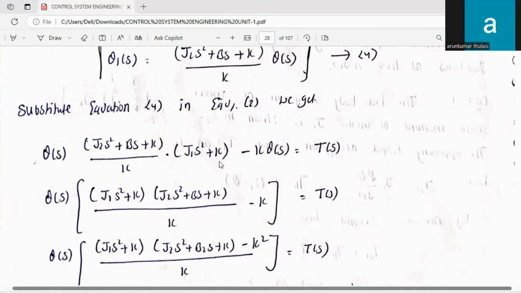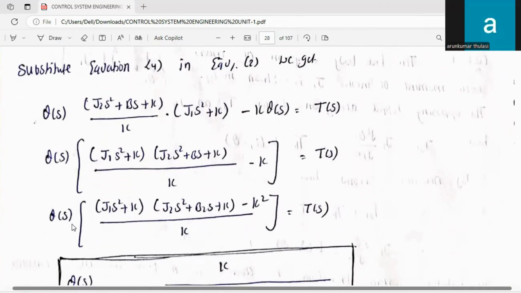So J1 S square plus K minus K into theta of S equals T of S. Here these two terms have the common term theta of S. By taking it common, we'll get the equation J1 S square plus K into J2 S square plus bS plus K divided by K minus K equals theta of S. By simplifying this term, we'll get theta of S into J1 S square plus K into J2 S square plus bS plus K minus K square divided by K equals T of S.